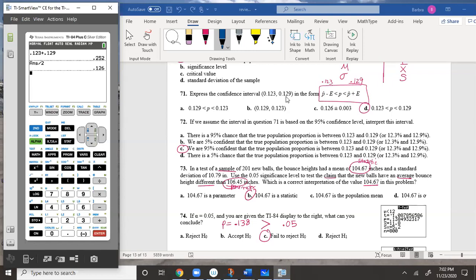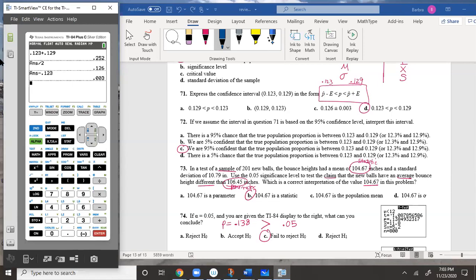If they asked us to put it in the form p hat plus or minus E, we would have had to do this. Find p hat first, which is the point estimate. That's the average of these two numbers. And then subtract from one of the endpoints to get E. Okay, I'll just go ahead and do it for good measure. All right, so E is equal to 0.003.